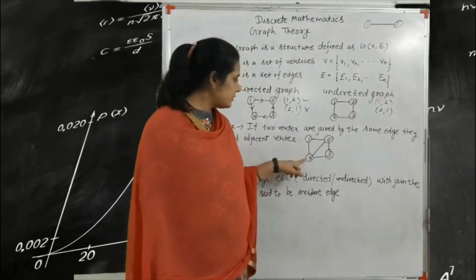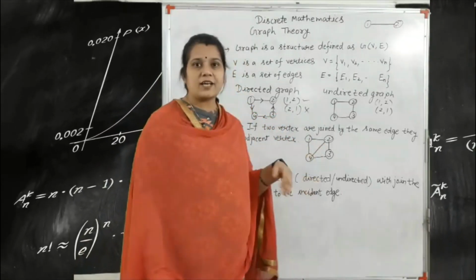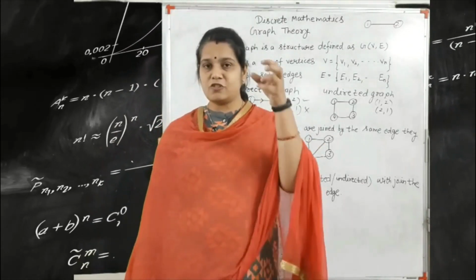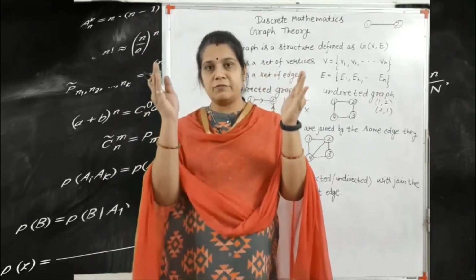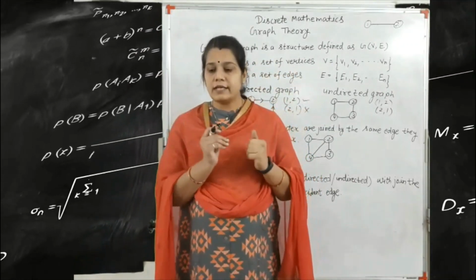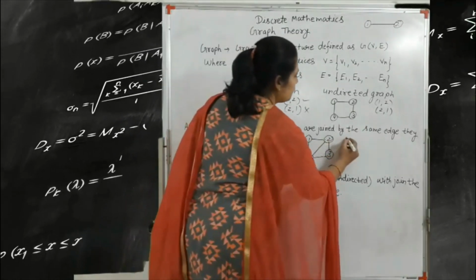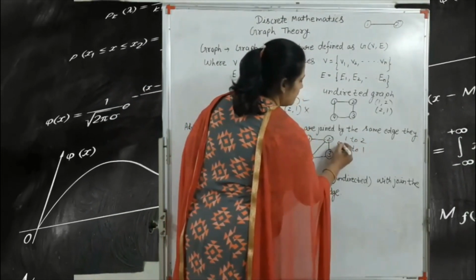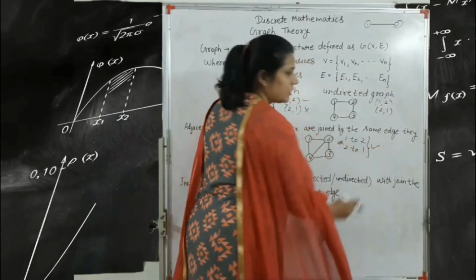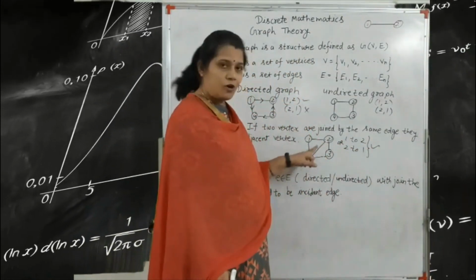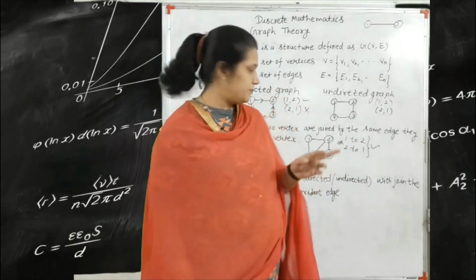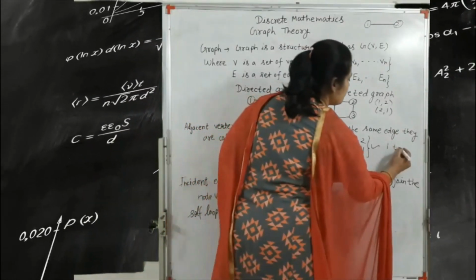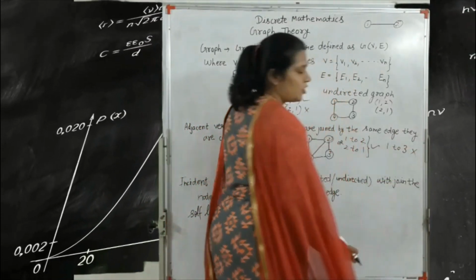And here 4 to 2 and 2 to 4 are also correct, because this is an edge joining the two vertices. So 1 to 2 or 2 to 1, both are correct. 2 to 4 or 4 to 2, both are correct. But 1 to 3 is not possible.